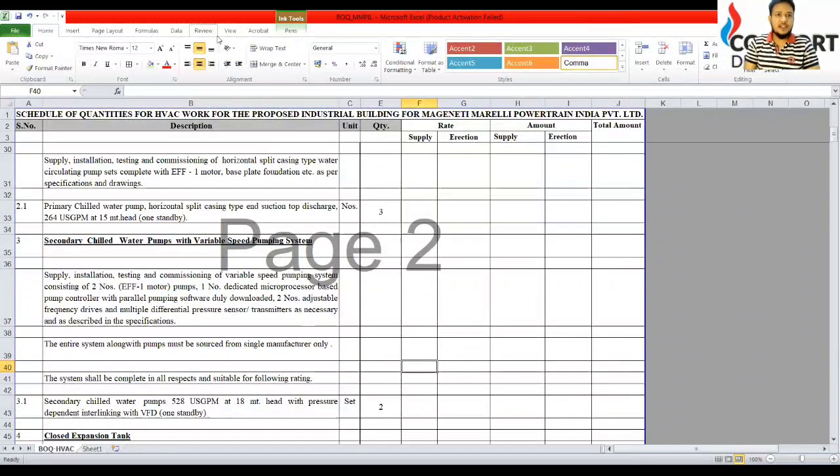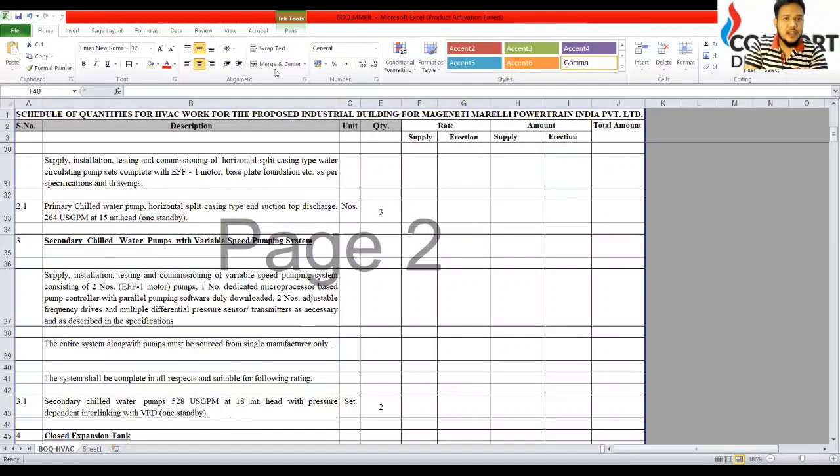Okay, so I will write here in the electrical load list, second major equipment, that is your primary pump, and this is of 264 US GPM.